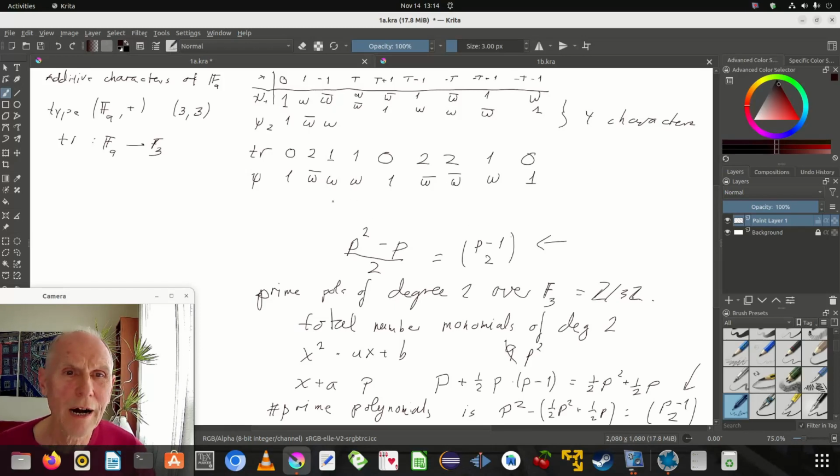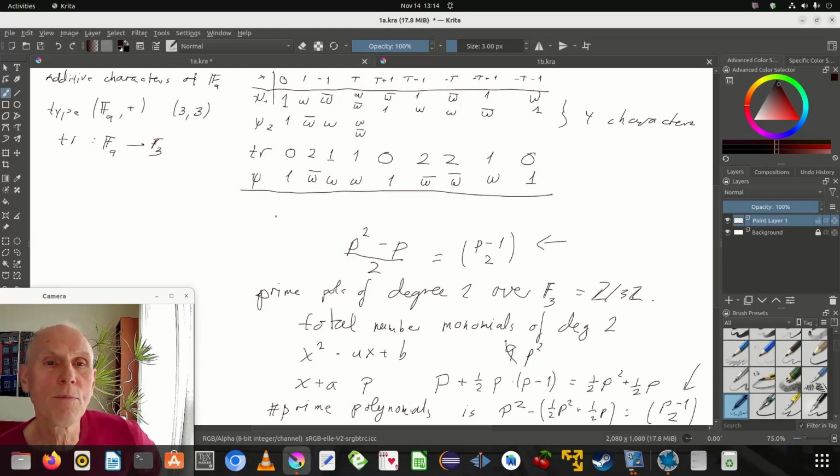So that was the guy, and it looks very much like the one we would get if we chose omega up here instead of omega bar. So this is the guy that is used in this section out of the 4 possible ones. All right.